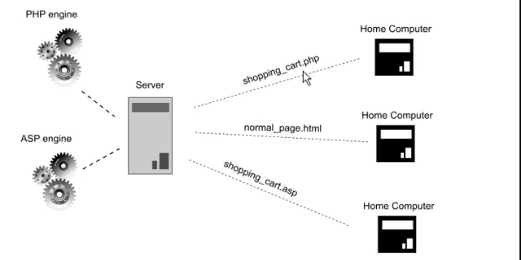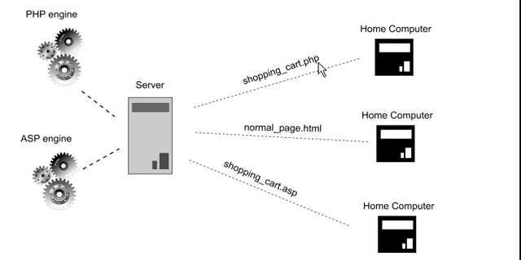So in the case of PHP and ASP, it knows that these particular pages require that they be sent to their respective engines. Let me try and put it another way. Essentially, shoppingcart.php is a PHP page, which basically looks like a normal HTML page, except it's got a lot of PHP code in there. And for this PHP code to be interpreted, it needs to go to the PHP engine.